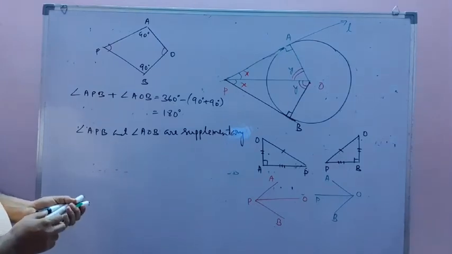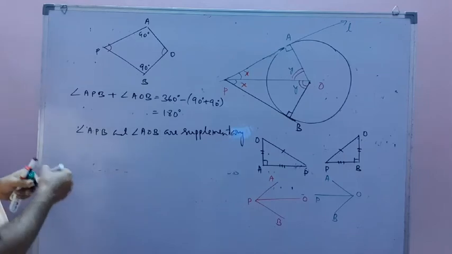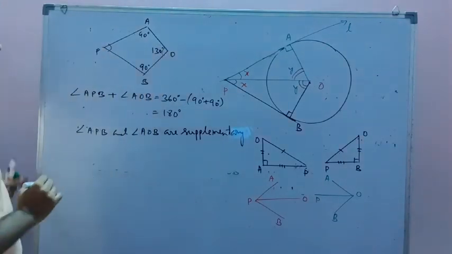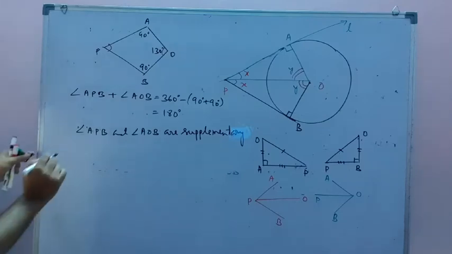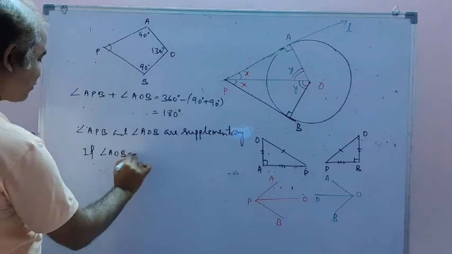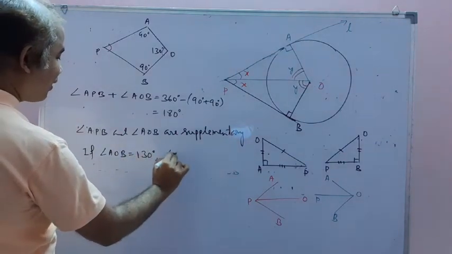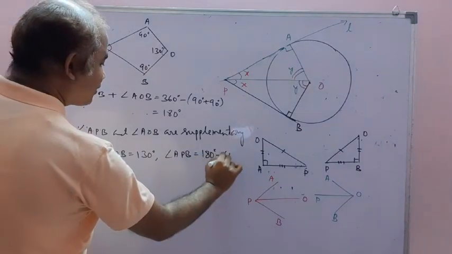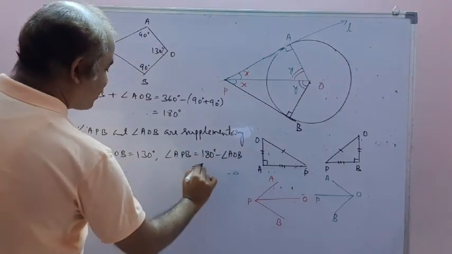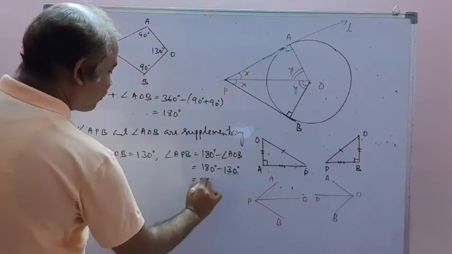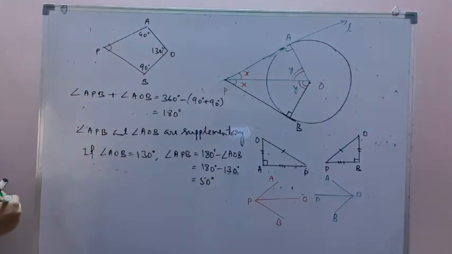Secondly, from this result, angle APB plus angle AOB equals 180 degrees, what can we do? Suppose I know the value of this angle as 130 degrees. I can find out angle APB. If angle AOB is 130 degrees, then angle APB is 180 minus angle AOB. That means 180 minus 130, which is 50 degrees.